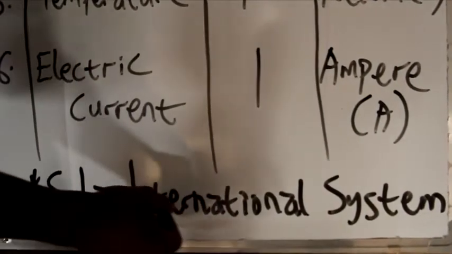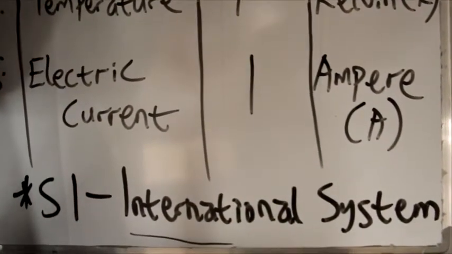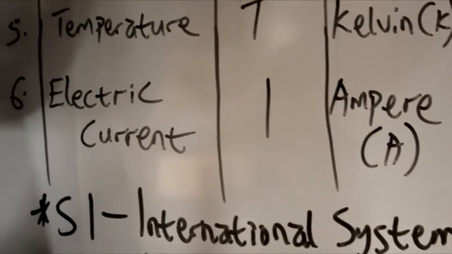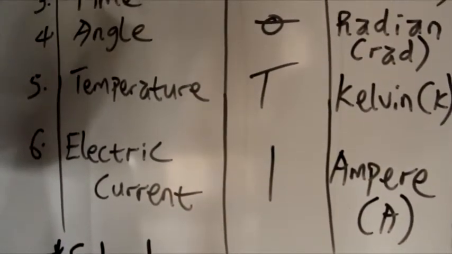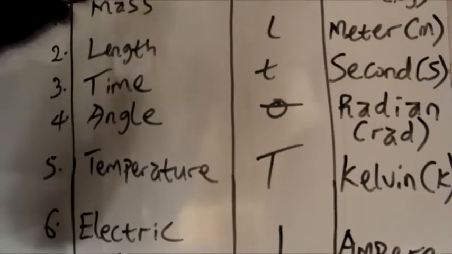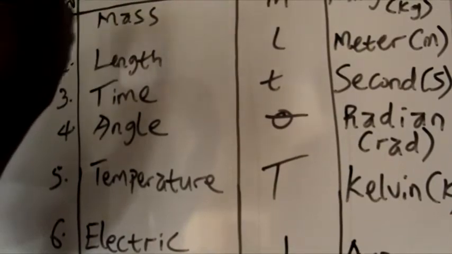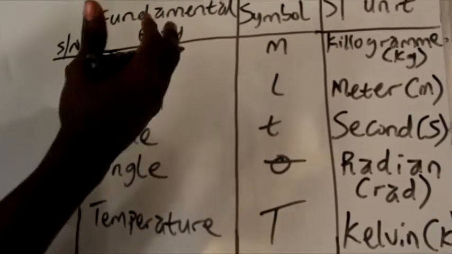In English, we call it International System. That means that because there are many units of a particular quantity, one unit is usually adopted internationally, such that when you go to America, Nigeria, Spain, they are all very comfortable with the SI units.